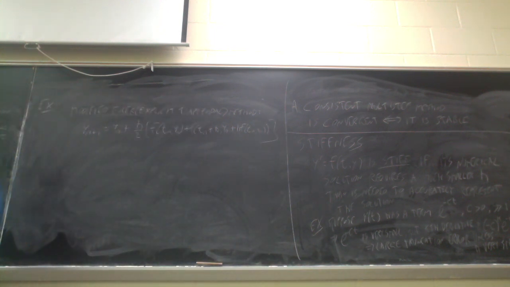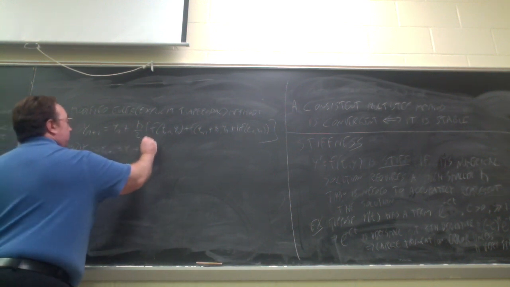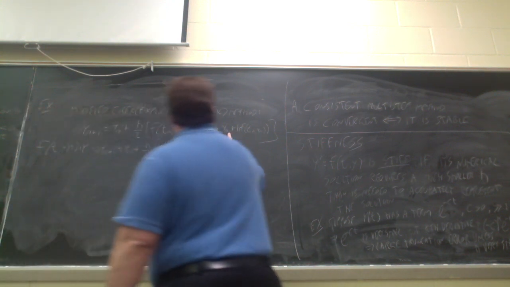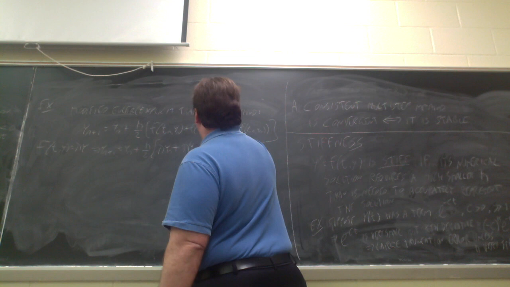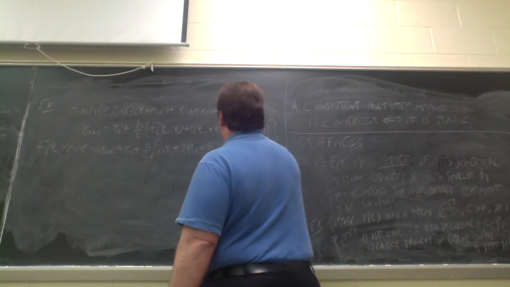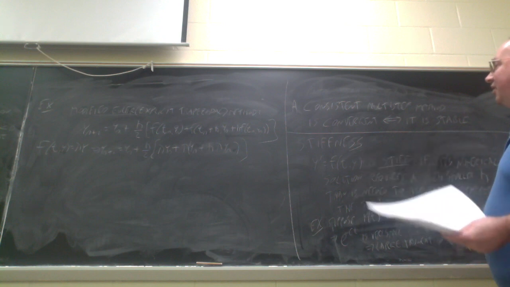So now, if we use the test equation, f of t, y is equal to lambda y, I go ahead and plug that in. So I have y_{n+1} equal to y_n plus h over 2 lambda y_n plus, and then here I get lambda times this, so lambda times y_n plus h lambda y_n. So every occurrence of f is just lambda times its second argument.